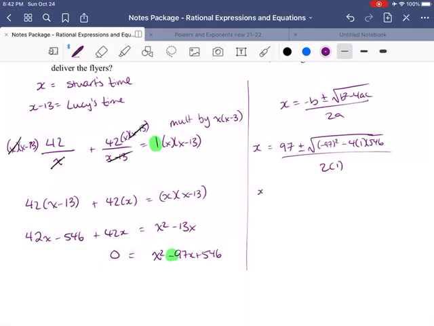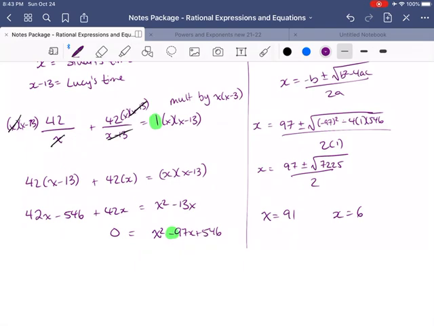And this is going to simplify to 97 plus or minus the square root of 7225, divided by 2. So you end up with two solutions, 91 and 6.